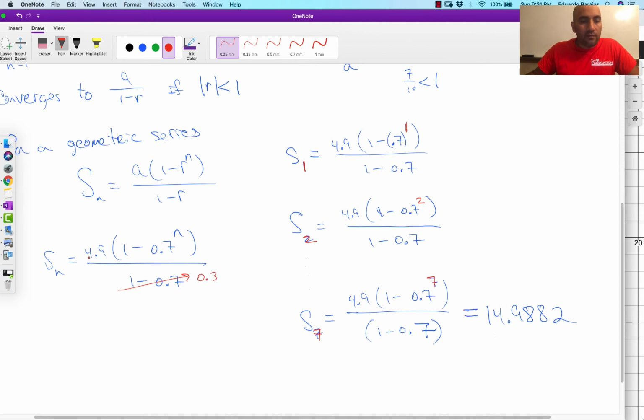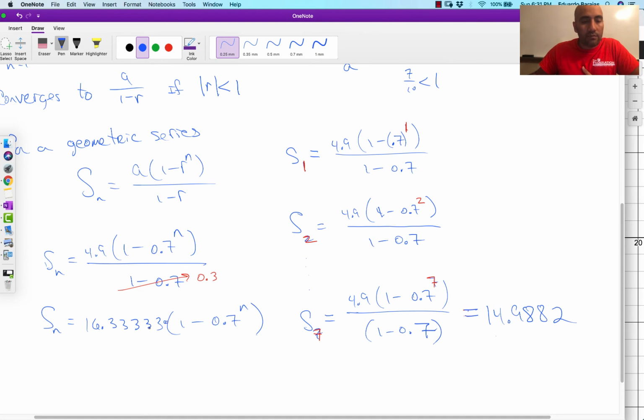And so we can divide 4.9 divided by 0.3. S sub n equals 16.33333, right? It goes on forever. Times 1 minus 0.7 to the nth power.